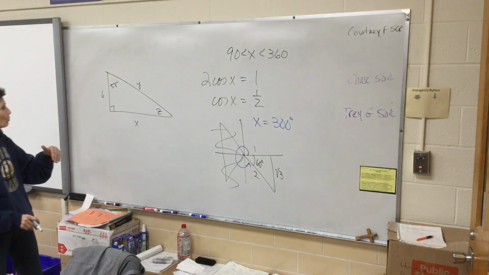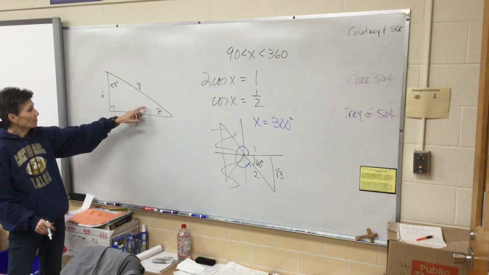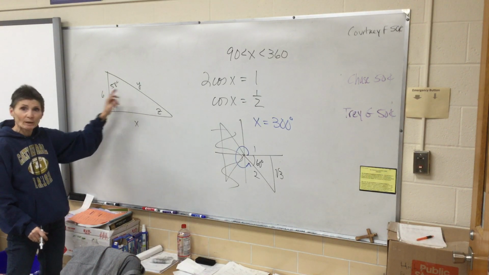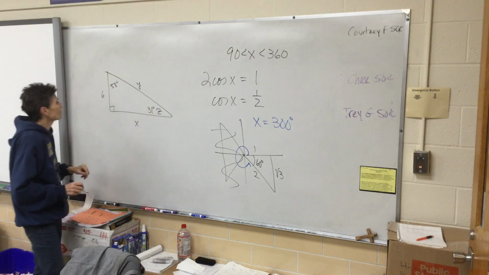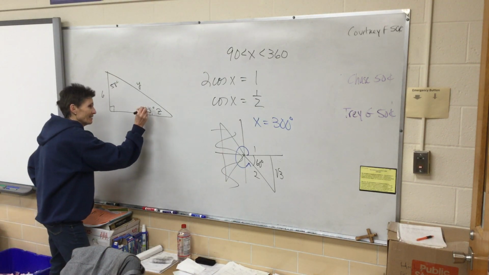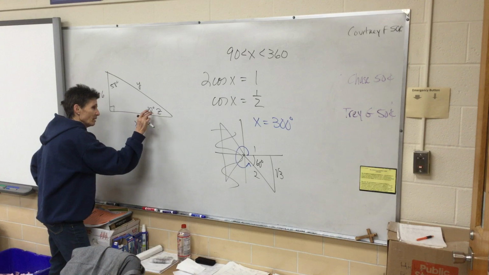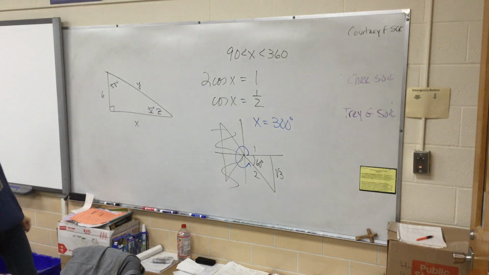Well, Z's a no-brainer. These two are complementary, right? Or all 3 of these add up to 180, so however you think about it, this is going to be, what, 31 degrees? 32 degrees. Been a long day, guys. 32 degrees.